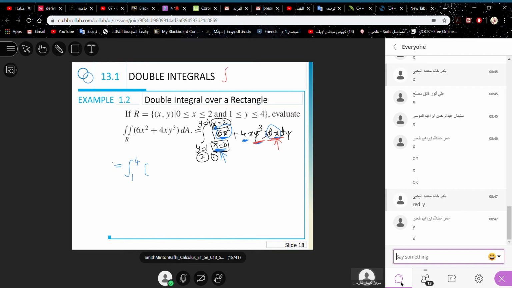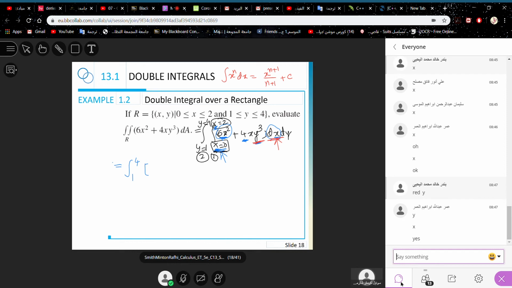So you know this formula, integration of x to the power n is how much? With respect to x, here is x square.